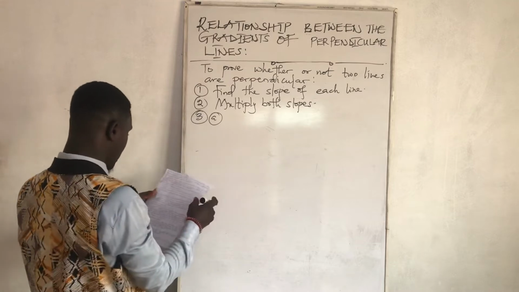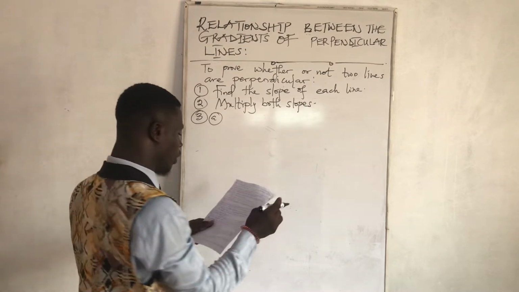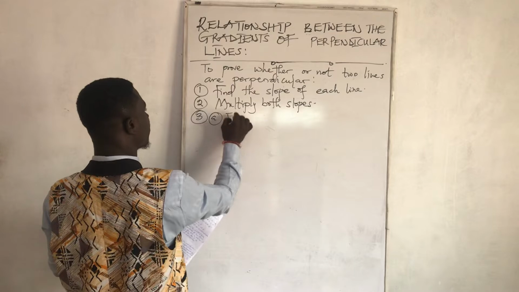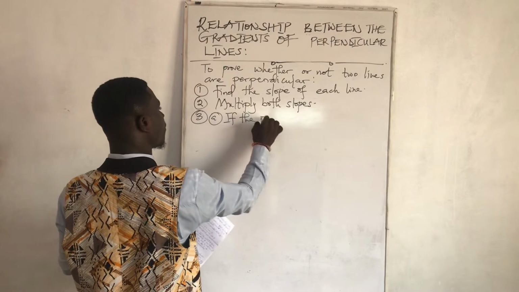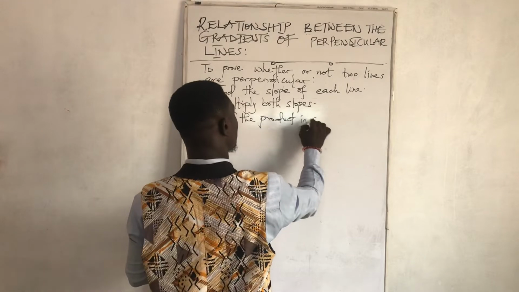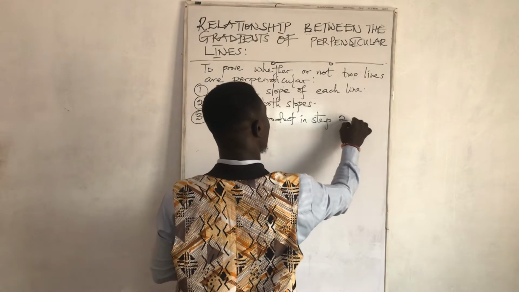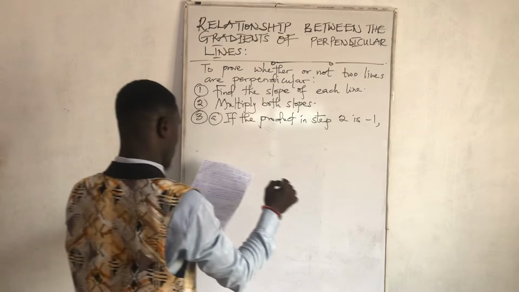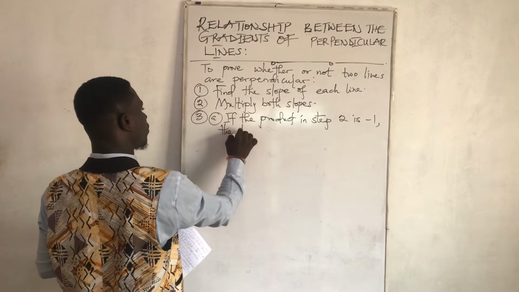Step 3a: if the product in step 2 is -1, the lines are perpendicular.